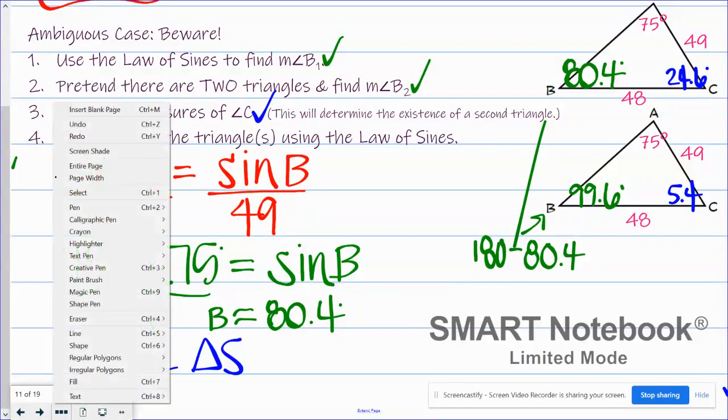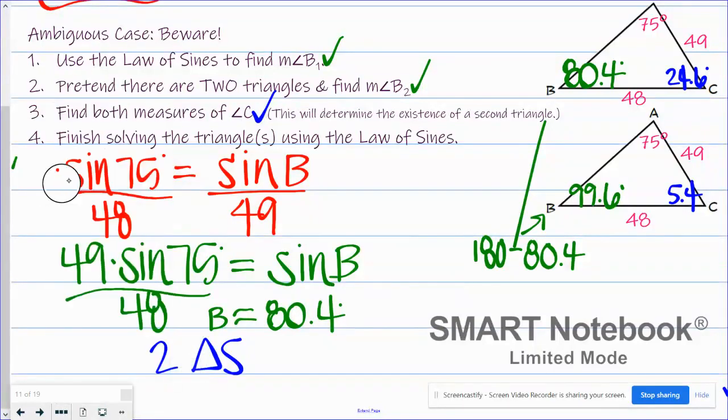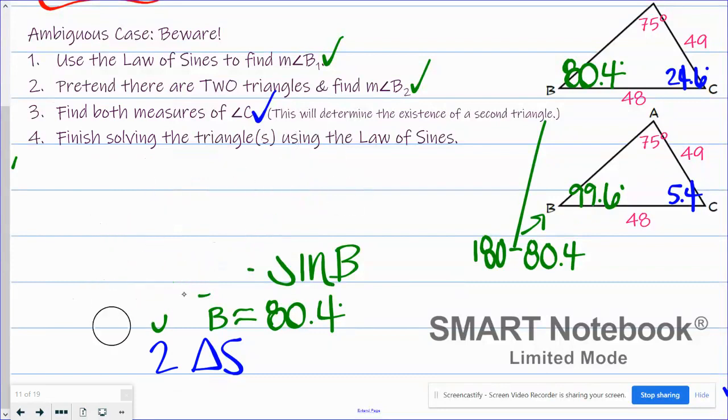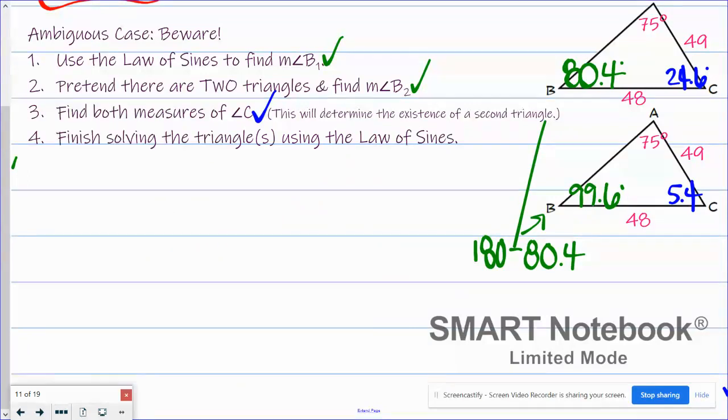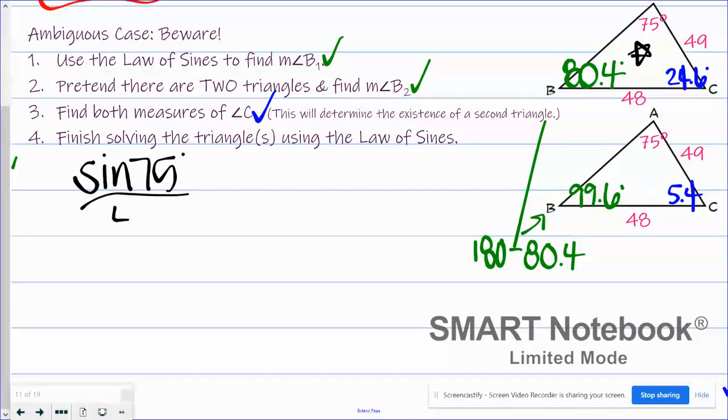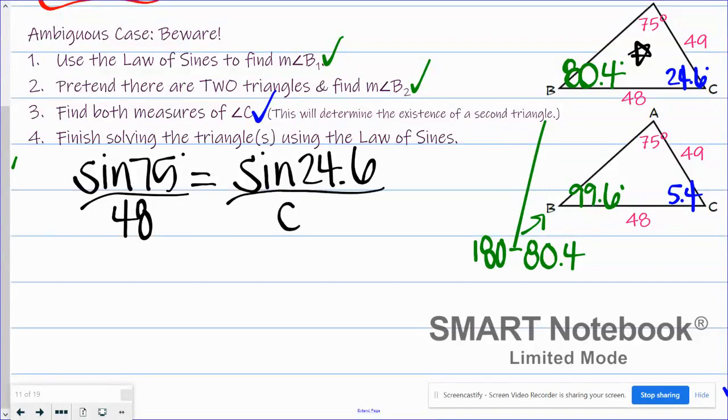Let me just create some space to do that. I'm going to start with this triangle right here. I can still use that buddy system ratio, sine of 75 over 48, but this time I'm finding side c1. That's going to be opposite the angle that's measuring 24.6 degrees. That's where you find side c1.